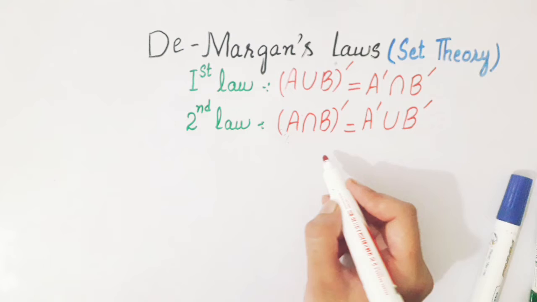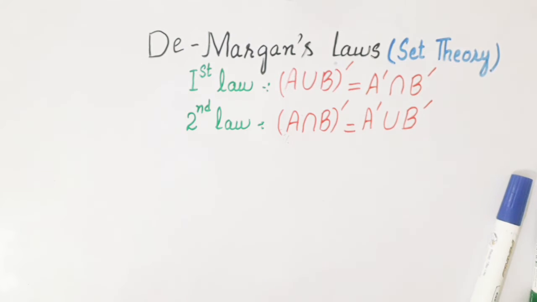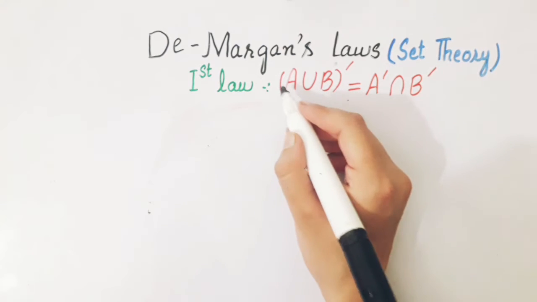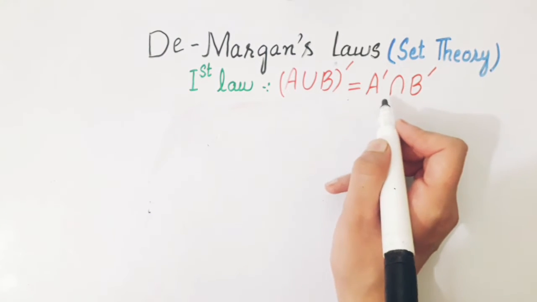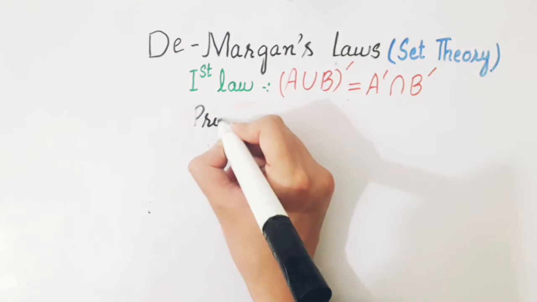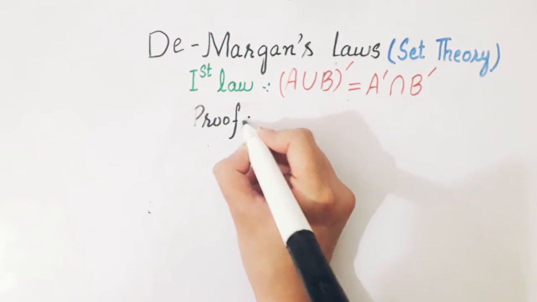Now we will prove the first law and the second law. Now we will prove the first law, that is (A union B) whole complement equals A complement intersection B complement. We will prove this step by step.